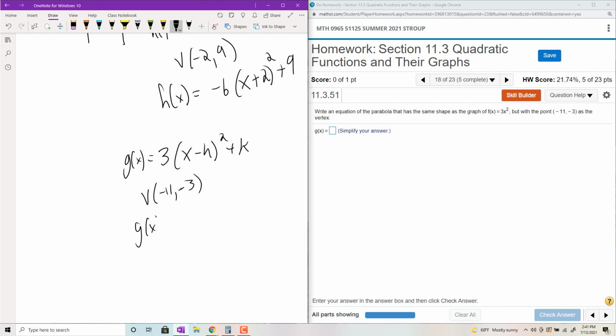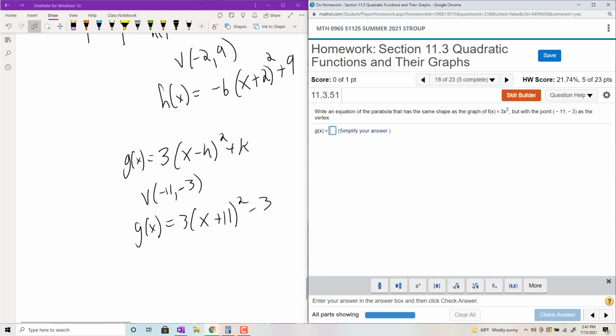So our formula, g of x, will be 3 times x minus negative 11, which will be plus 11, squared, minus 3. Oh, I did not know these questions were in here. It's plus 11 squared minus 3.